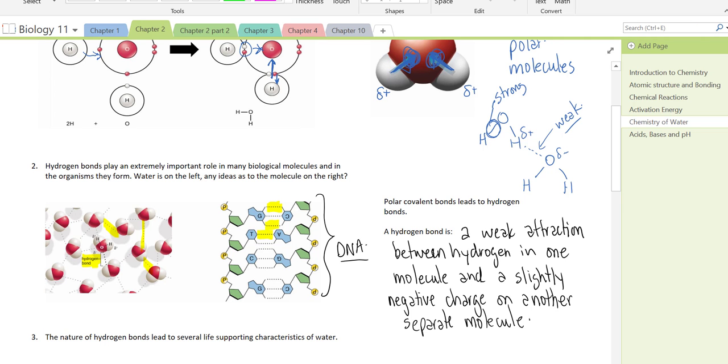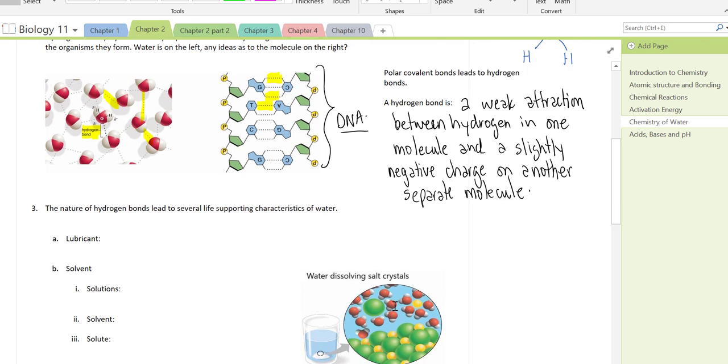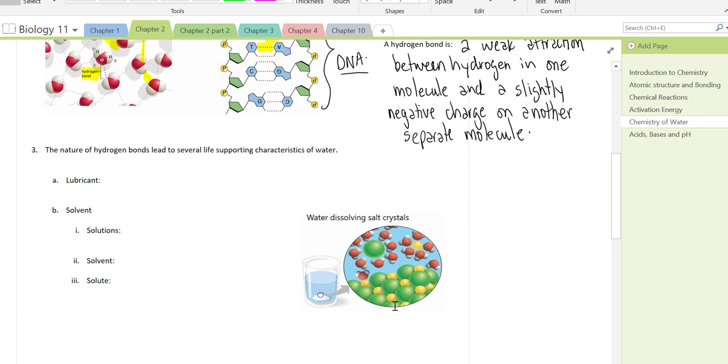Now, why is this so important? Well, this gives water these life-supporting properties. Just this little attraction between its molecules creates some properties that are super important and actually lead to water having a very important biological role or life-supporting role, right? That we see here, life-supporting characteristics.